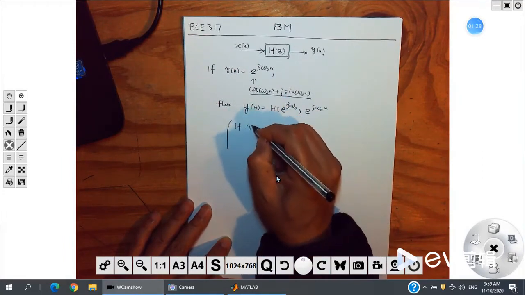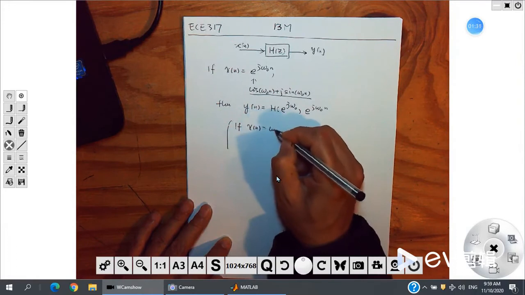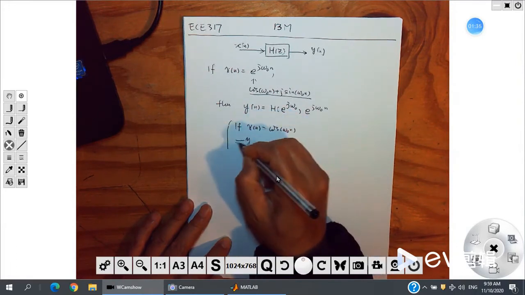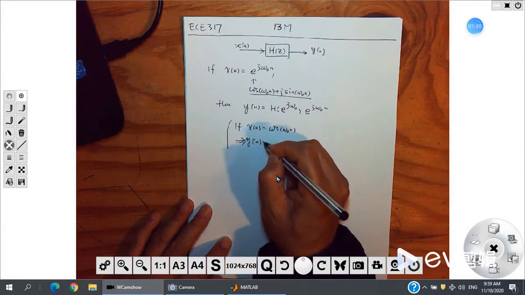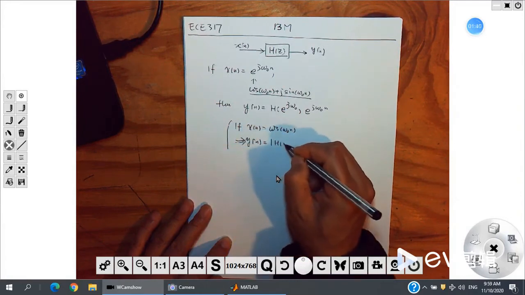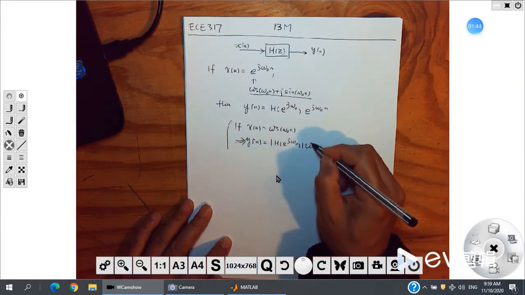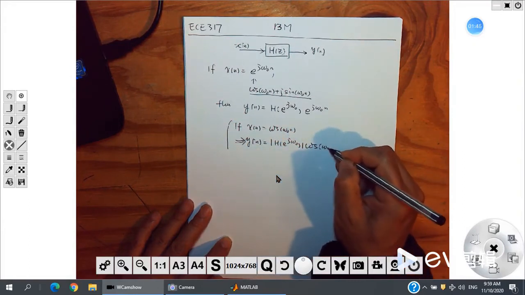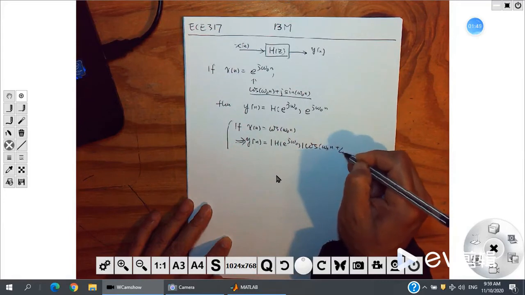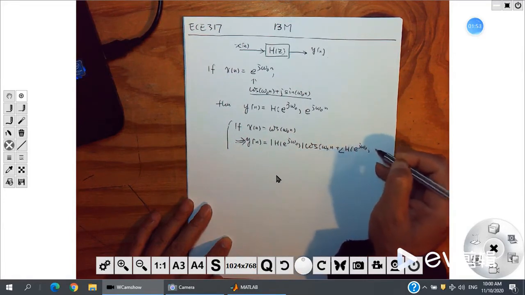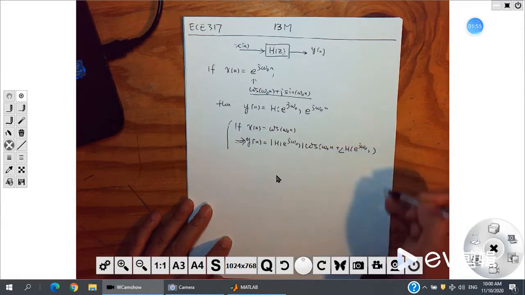If x of n is just cosine, then y will be the magnitude times cosine of omega 0 n plus the angle of h, the angle of the frequency response. So we can write it in this way.